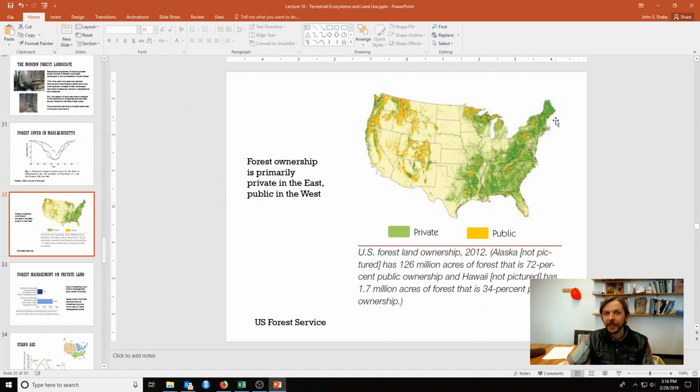Some companies and large forest operations own their own land, but it's predominantly owned by small-time private landowners that own relatively small parcels. It's very different out west, where a lot of the forest is owned federally and managed by the Bureau of Land Management, for example. So there's a very, very distinct difference in forest ownership.